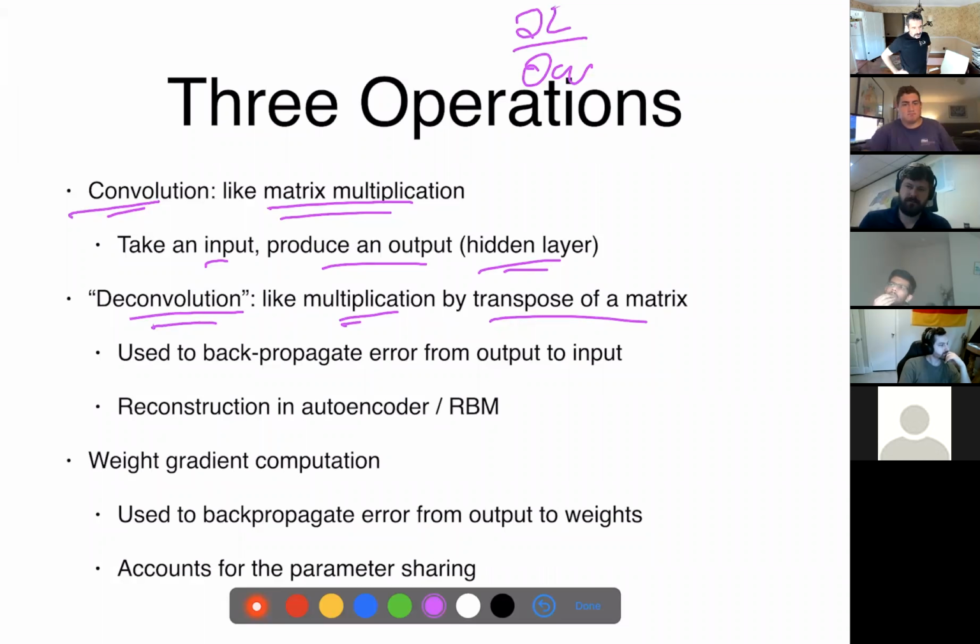And for this, you need the convolution operator to do similar concepts, but for doing things backward, right?